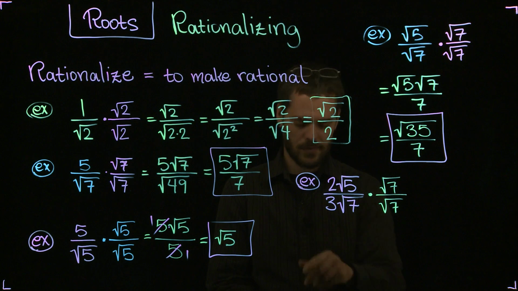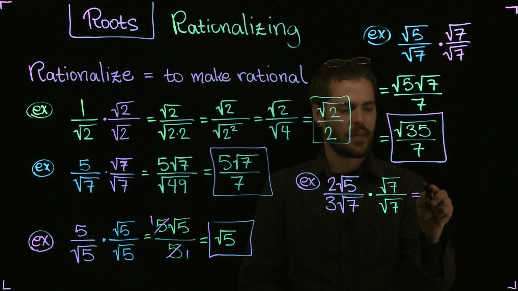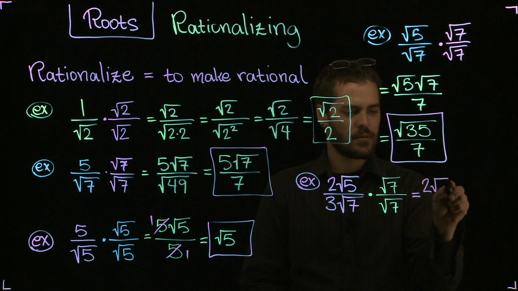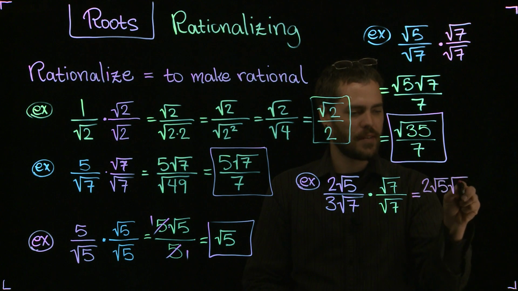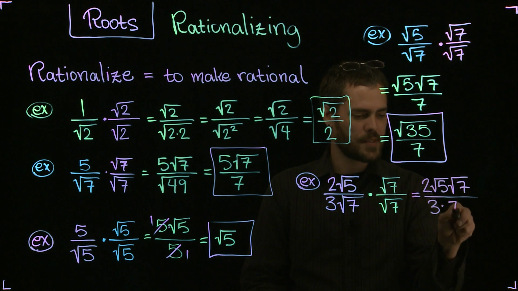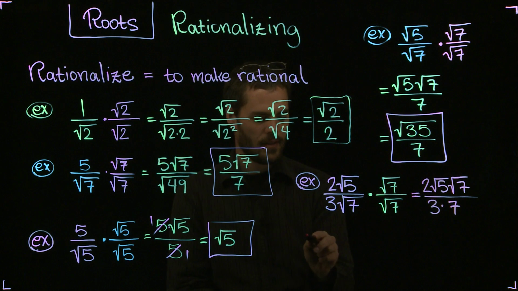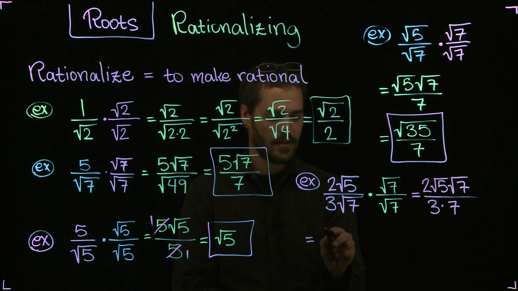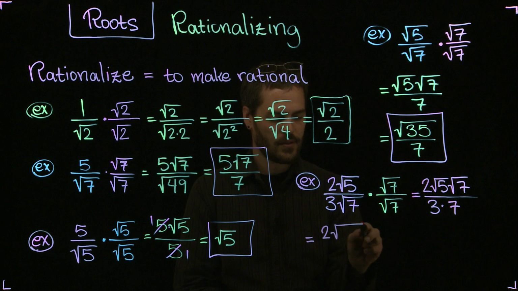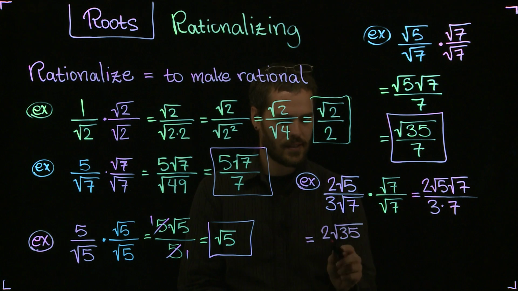So we didn't really have to mess with the 3. This gives us 2 root 5 root 7 on the top over 3 times 7 from the root 7 times the root 7. I'm going to continue to simplify this to give me 2 root 35, where now I'm recombining these, over 3 times 7 is 21.